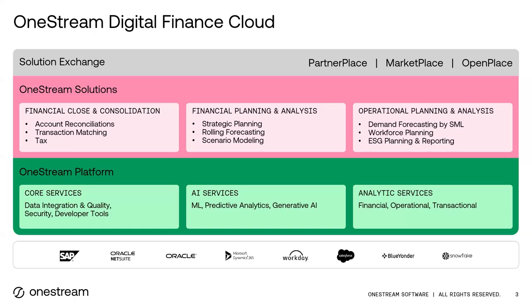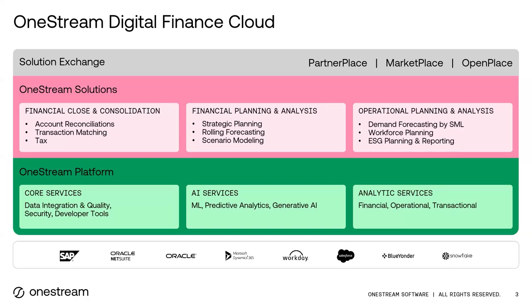And what sets us apart is the embedded AI services and the key platform services we provide. These include a unified data model, data quality, analytics services, workflow, security, and more. So in essence, we're not just offering solutions, we're delivering a comprehensive and cohesive ecosystem where everything works together seamlessly.